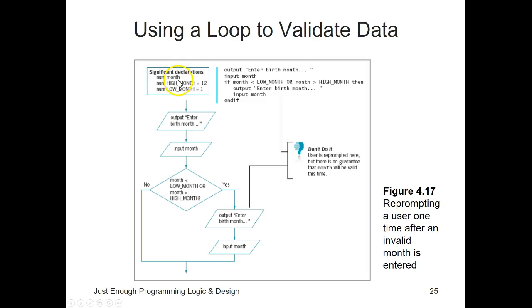So here we say high month equals 12, low month equals 1. So we have a set of numbers in there. So enter your birth month. They put in a value, and then we check. So if the month is less than low month, so if somebody put negative 151, or the month is greater than high month, then that's going to be a value where we have to come in here and say yes, enter the month again.